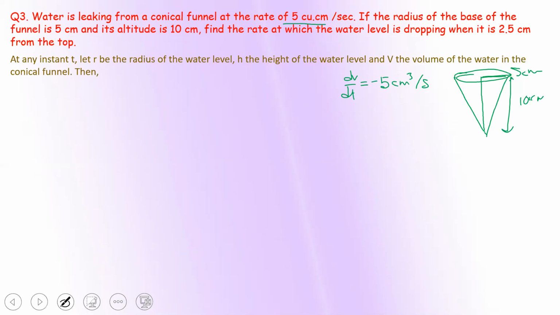That means the height is changing at which rate when it is 2.5 centimeters from the top. That means if this is the water level, then this distance is given 2.5 centimeter. At this time we need to find what is dH/dt.